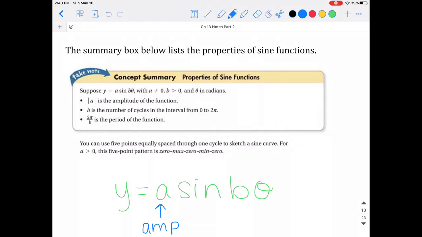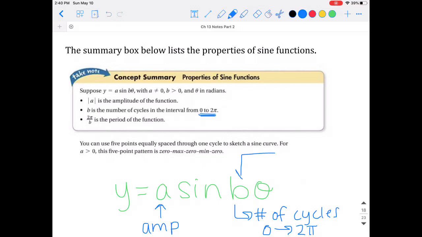B is the number of cycles in the interval from 0 to 2 pi. That's very important. So it tells us the number of cycles from 0 to 2 pi. And 2 pi over b is the period of the function.